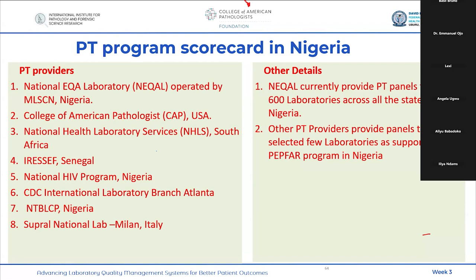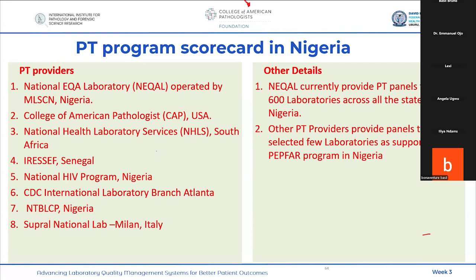They produce panels for TB for both GeneXpert and AFB microscopy. Then there is also the Supranational Lab in Milan, Italy, that also sends PT panels for DST.